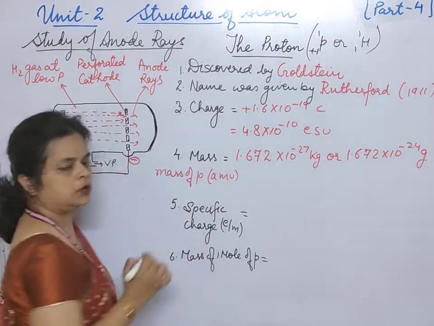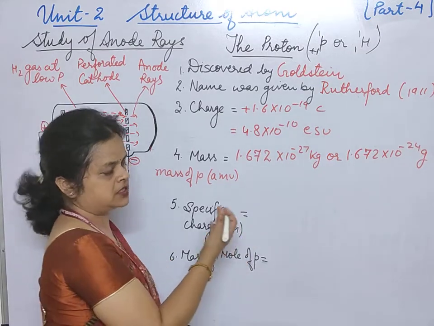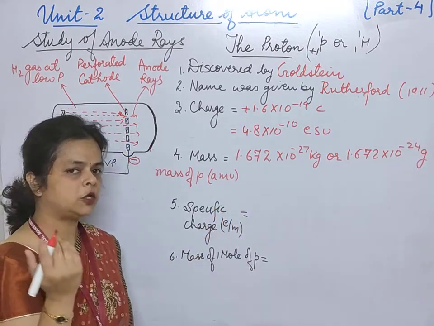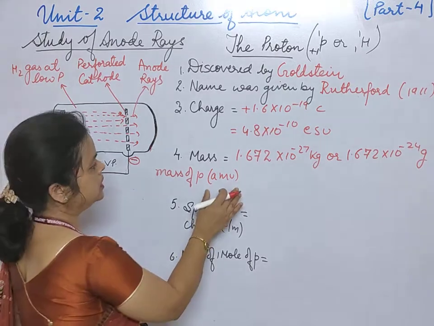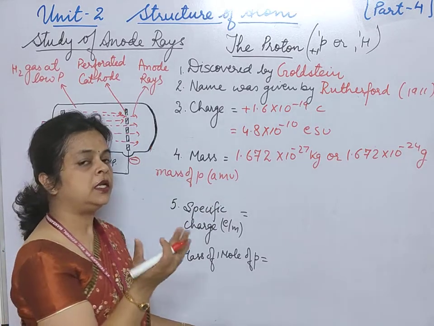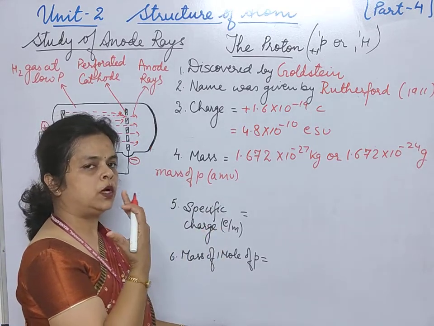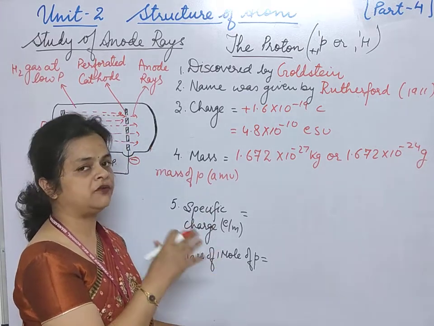Now if you have to write the mass of proton in AMU, what is AMU? Atomic mass unit. In the first chapter we had discussed this. When we discussed the relative atomic mass, we calculated in terms of 1/12 of the mass of one atom of carbon 12, how much heavier it is.